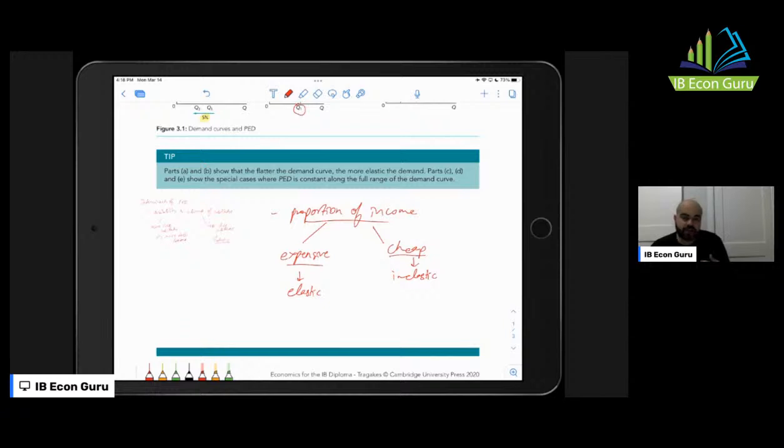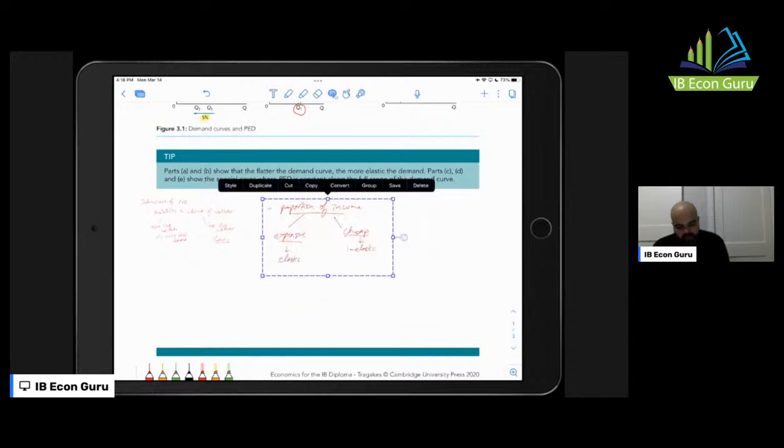Like, think of how much smokers spend on cigarettes, which are much more expensive because of high taxes, as they should be because they're demerit goods, versus matches. If the price of matches changes, people won't even notice because they're very cheap. But the price of a pack of cigarettes, obviously they'll be more responsive to that. So this is the second determinant of PED, proportion of income.